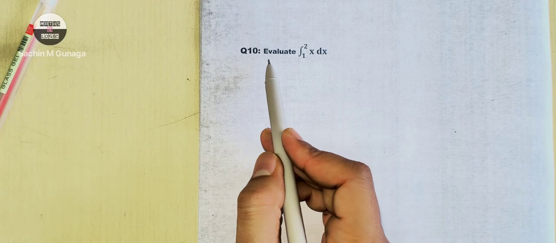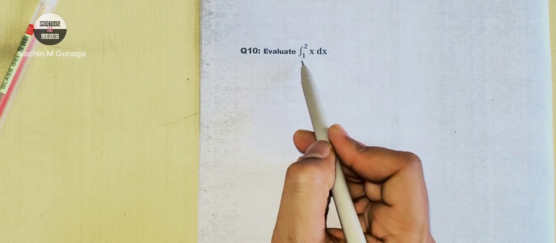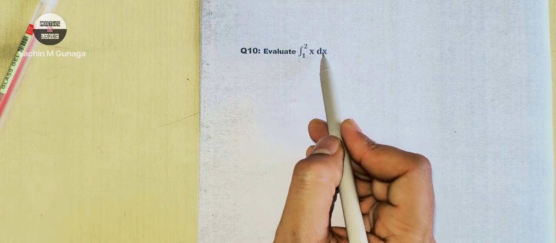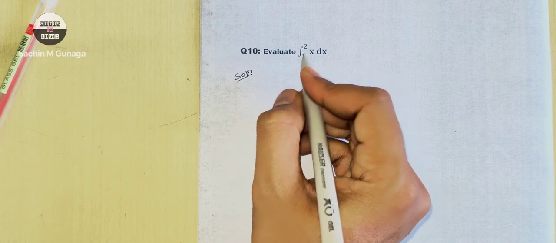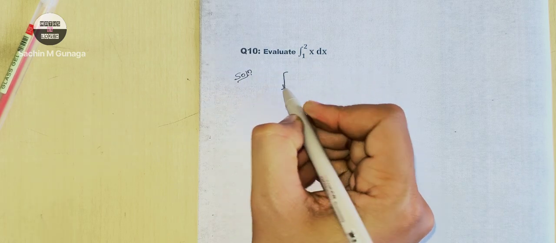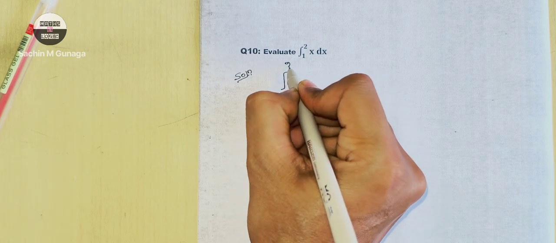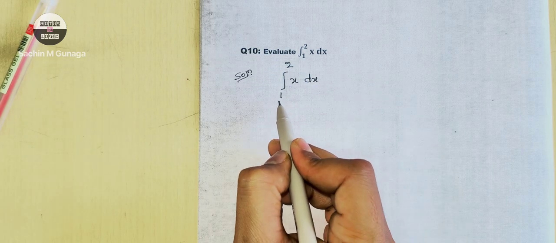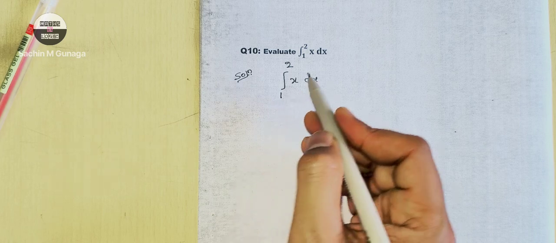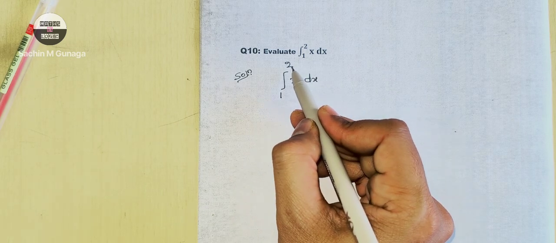Next question, question number 10. Evaluate the integration from 1 to 2 of x with respect to dx. This is an example from definite integration. Here this 1 is called the lower limit and this 2 is called the upper limit.